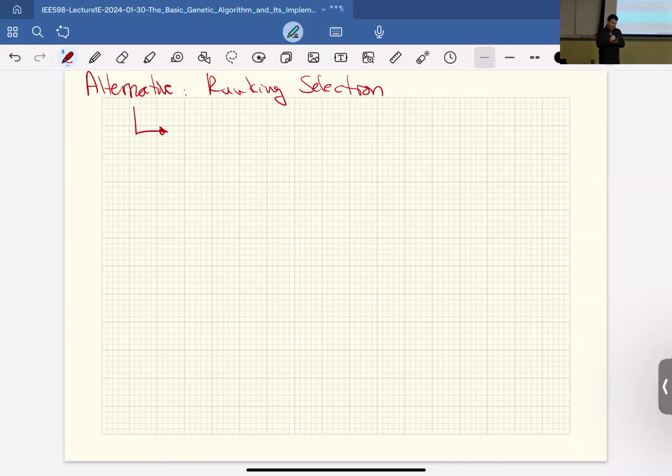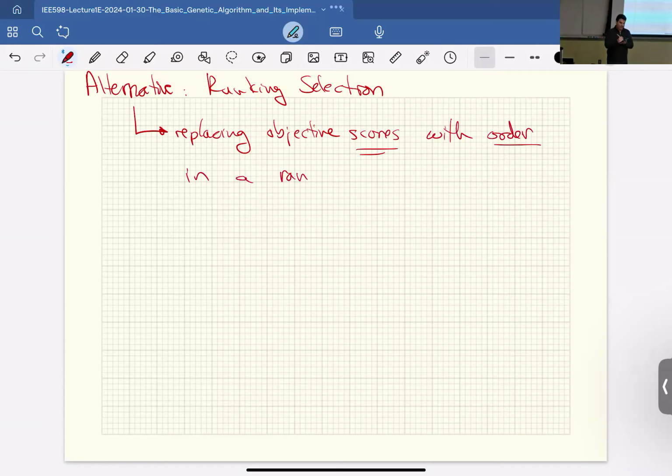So basically you're replacing objective scores with order in a ranking and using that for fitness.